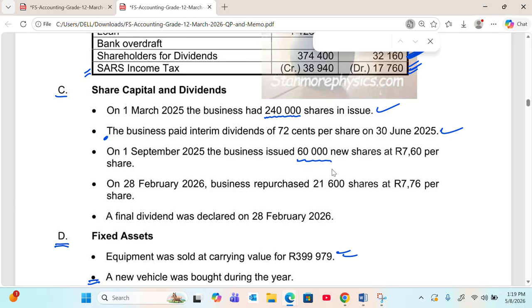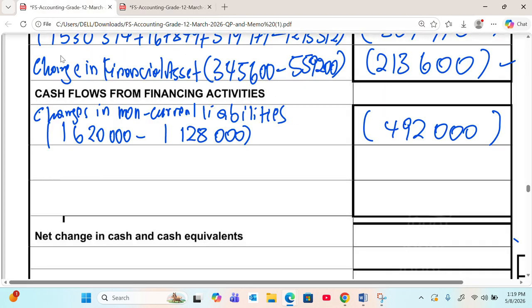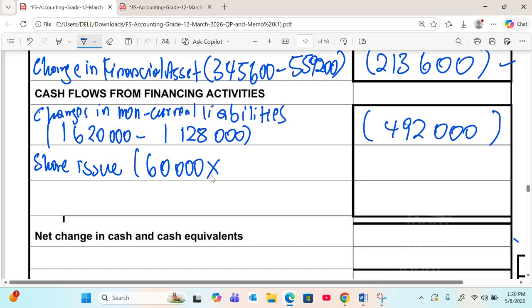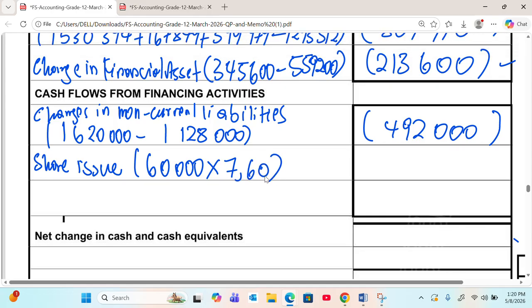If we are selling shares, which means we are receiving money, an inflow of cash. So we have a share issue, guys. We have issued 60,000 shares at how much each? 7.60 multiplied by 7.60. We are receiving money because we are selling shares. We have an inflow of 456,000.